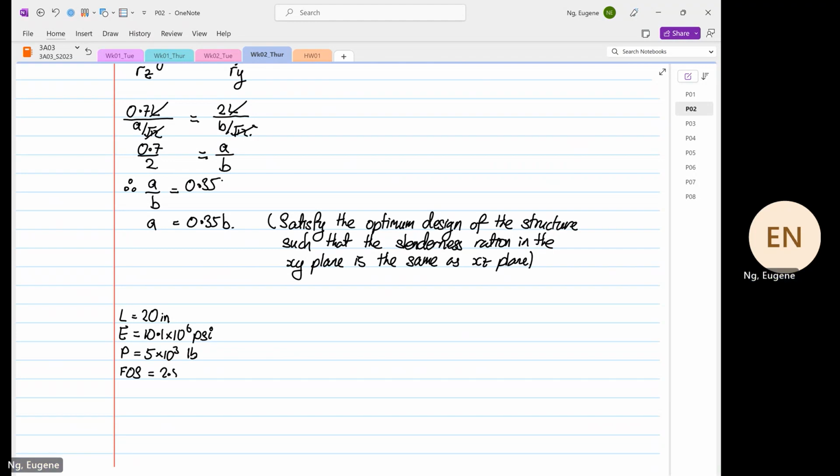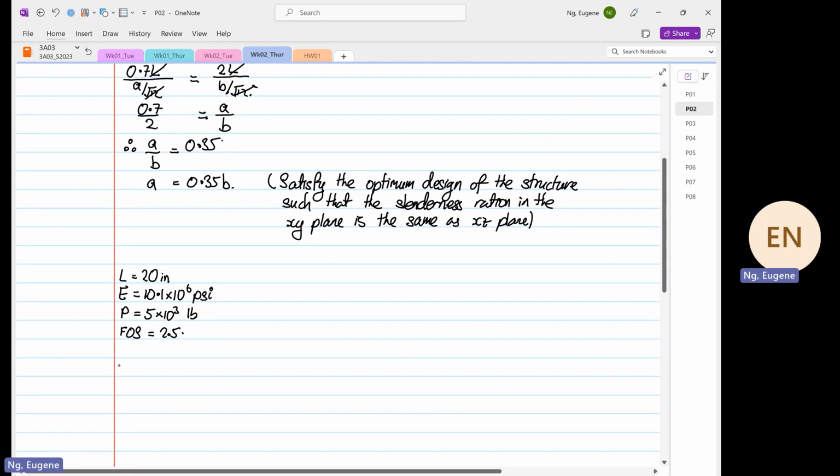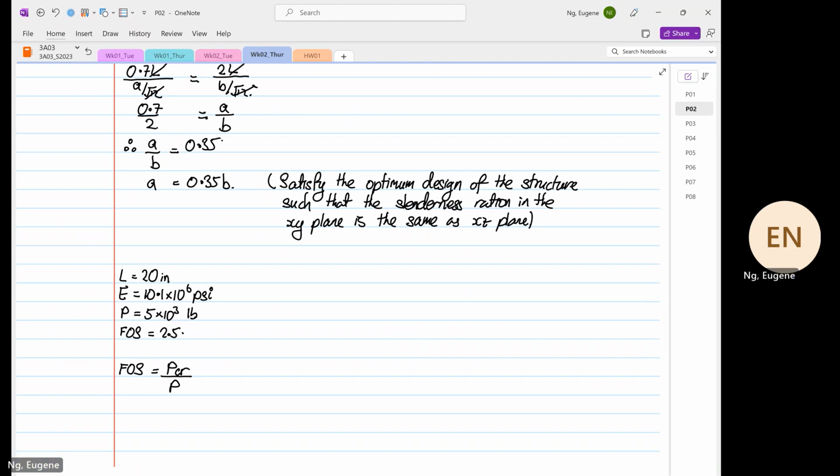Okay. So what are the formulas that we are going to use? We are given that factor of safety is equal to P critical over P, right? So we have to determine our P critical.